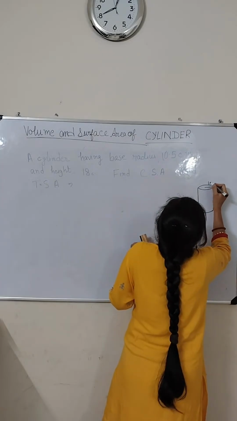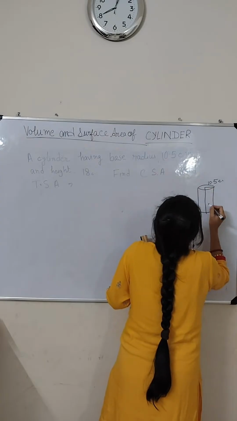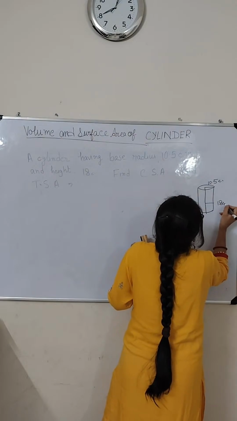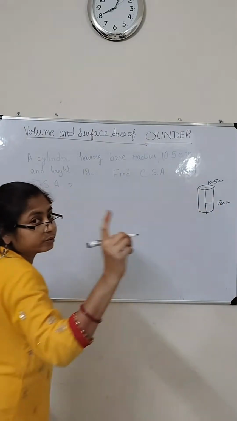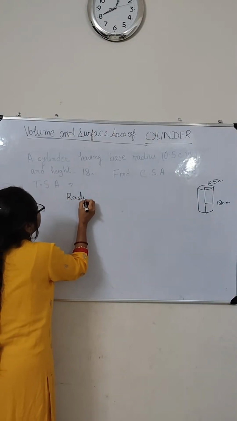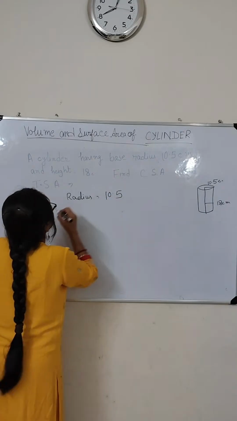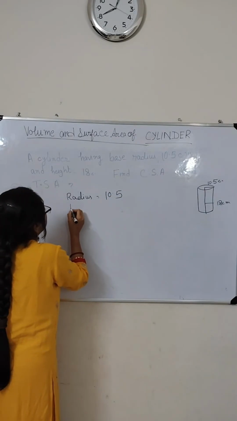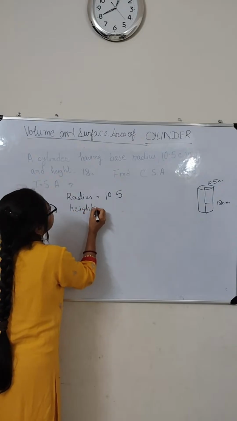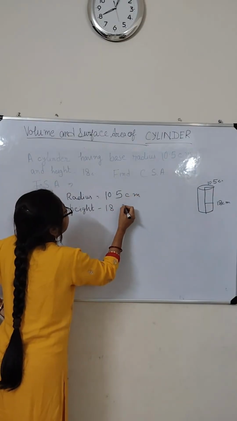Radius is 10.5 centimeter and axis or height is 18 centimeter. First write this: radius 10.5 and height 18 centimeter.